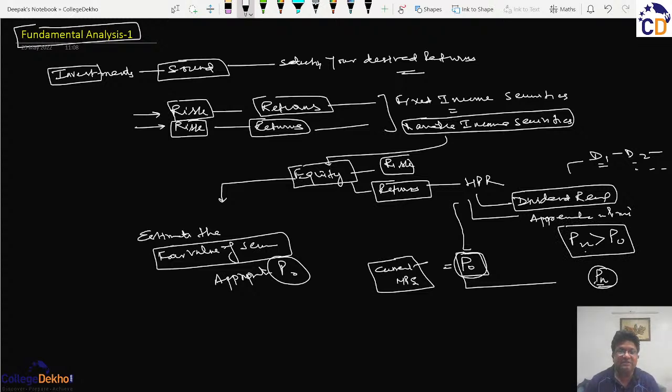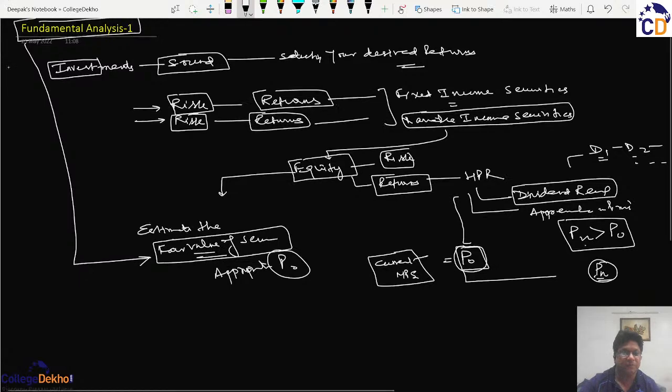So we anticipate the future dividends and the future growth in the market price, and based on those, we try to calculate the genuine, the fair value of the security. And if the current market price is more or less equal to such fair value, then we enter into such securities. So fundamental analysis is all about the estimation of the fair value of the security.